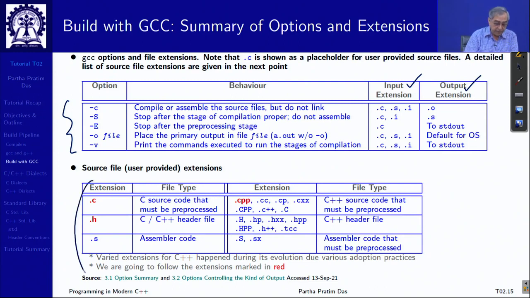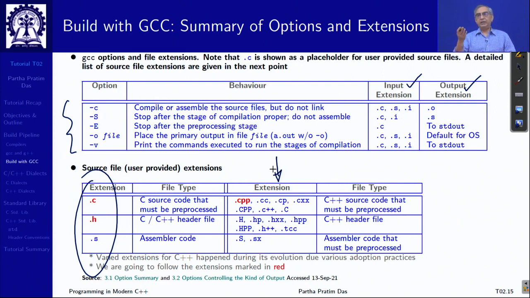In terms of the source file, I have already talked about these three possible extensions: .c for source, .h for header and .s if you have generated assembly. Now, for the corresponding file types, as I mentioned in tutorial 1 2, there are a variety of standards people have worked with, and a variety of extensions. In an existing system, say in GitHub or in your company, you will see a whole lot of different extensions being used.